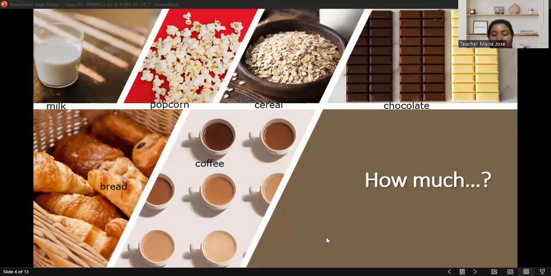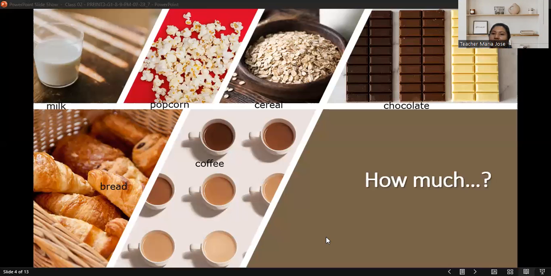What about how much popcorn? There are a lot of popcorn. Okay, how much cereal? One cup, 2 cup. There is a bowl of cereal.